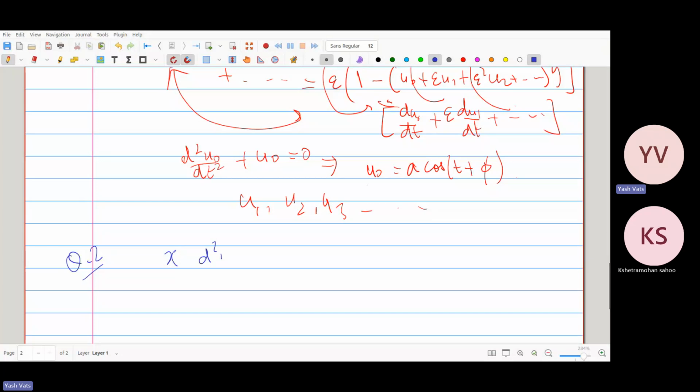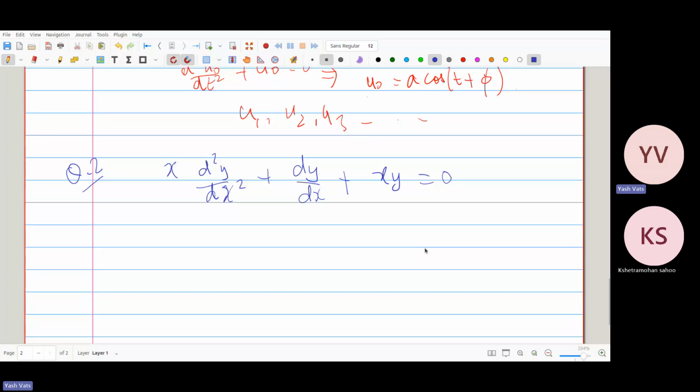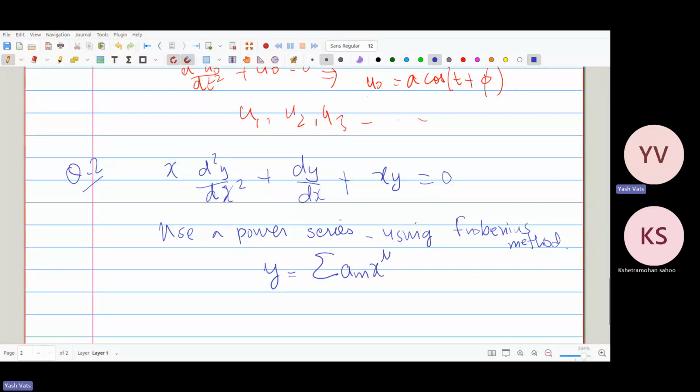If it's your equation d2y/dx2 plus dy/dx plus xy equals 0, you have to find the solution using a power series, using the method of Frobenius. y equals the summation of a_m x to the power mu plus m, m equals 0 to infinity.